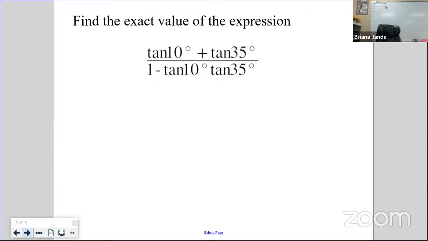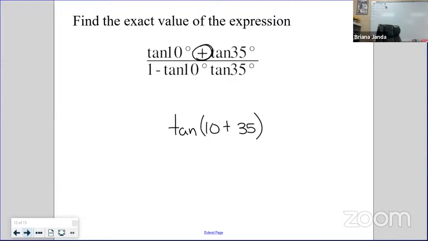First of all, the way it is set up tells me that this is a tangent of a sum or a difference. I know the two numbers are 10 and 35, and I have to match it to figure out if it's a plus or a minus between that 10 and 35. Should it be 10 plus 35 or 10 minus 35? Plus. Key is, again, look at this.